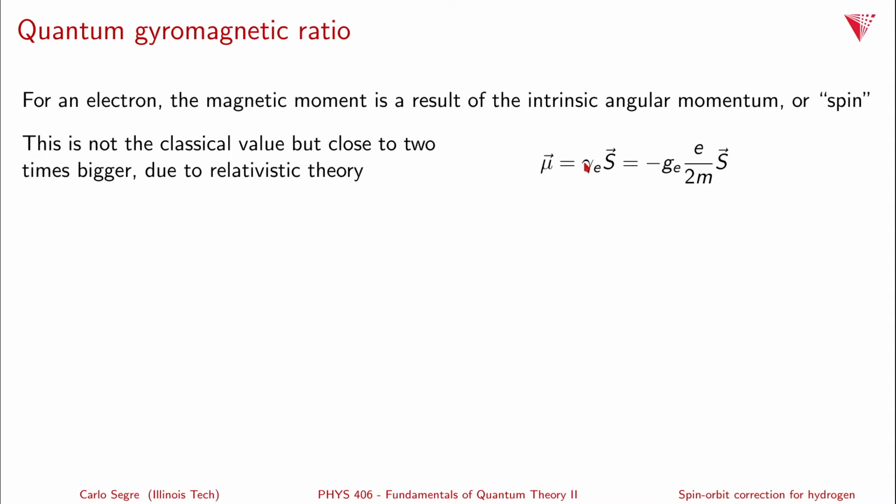So we rewrite the quantum gyromagnetic ratio as minus g sub e, which is this g factor, times e over 2m, times the spin angular momentum, or intrinsic angular momentum, S. So this is the quantum magnetic moment for the electron. And g sub e is approximately 2 plus alpha divided by pi, which is 2.002.